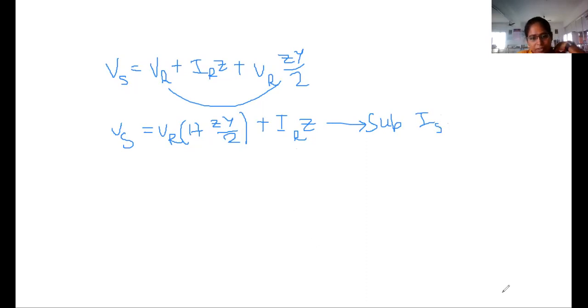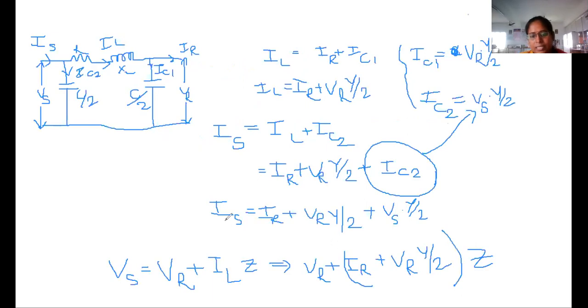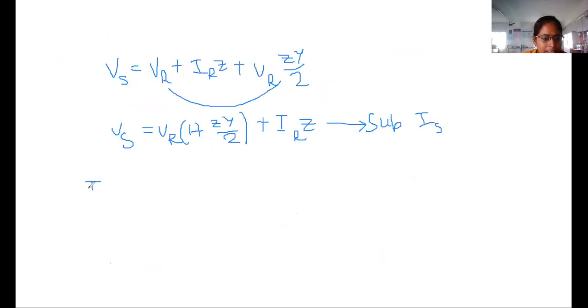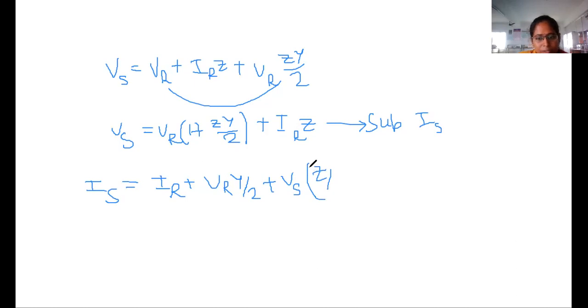So IS equal to IR plus VR into Y by 2 plus Vs into Y by 2.